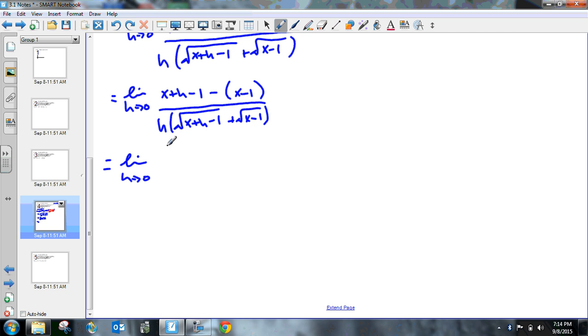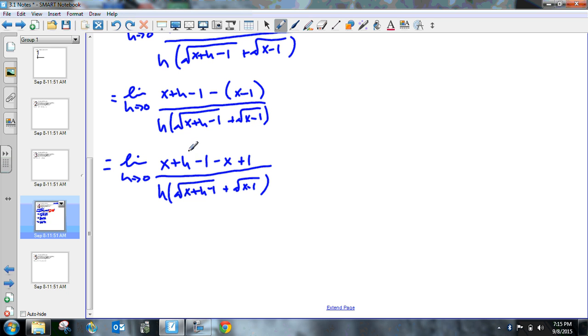Let's distribute our negative here, so we get x plus h minus 1 minus an x, and then minus a negative 1, which is really just plus 1. All over our denominator, h times the quantity, the square root of x plus h minus 1 plus the square root of x minus 1.